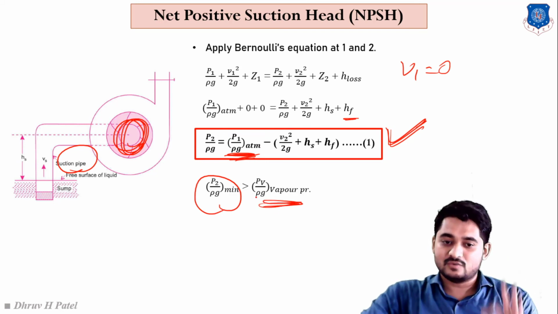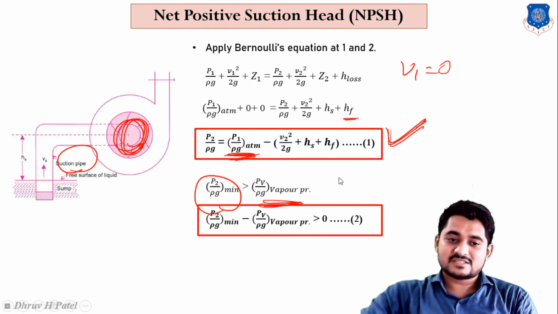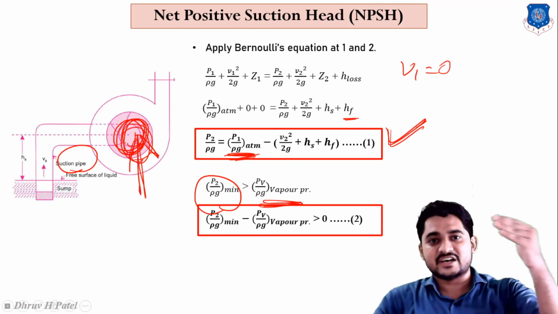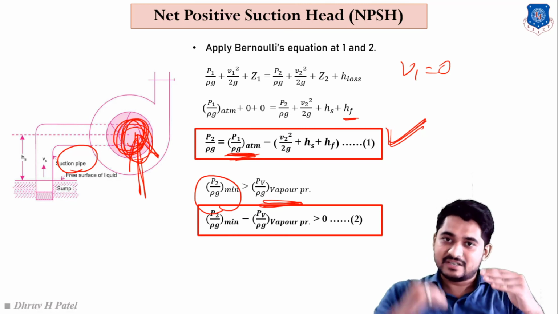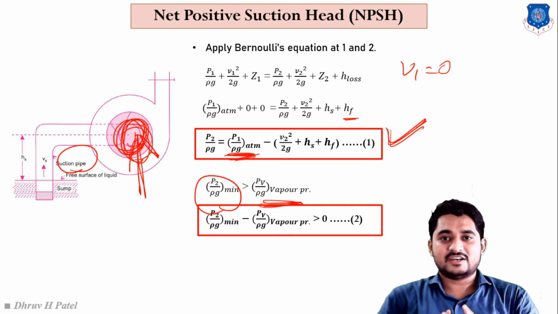Clear students? Always remember this. For the better working of the centrifugal pump, the center side pressure must be less than the atmosphere pressure and must be greater than vapor pressure to avoid vapor formation and cavitation.